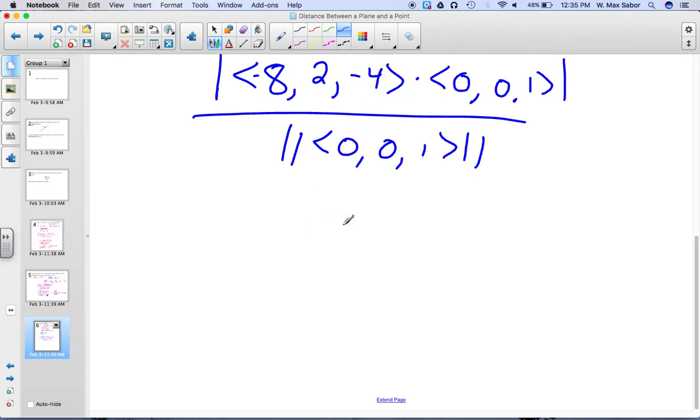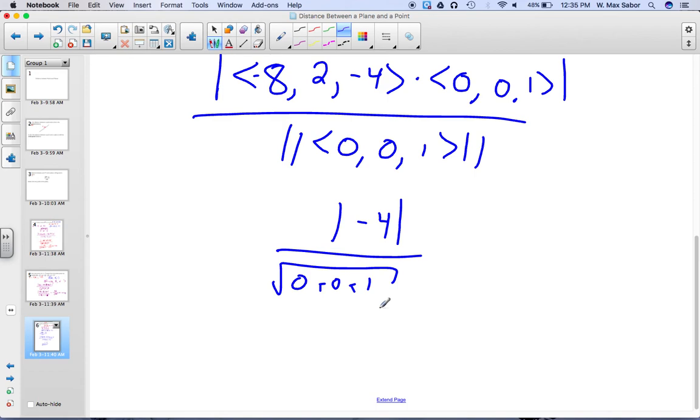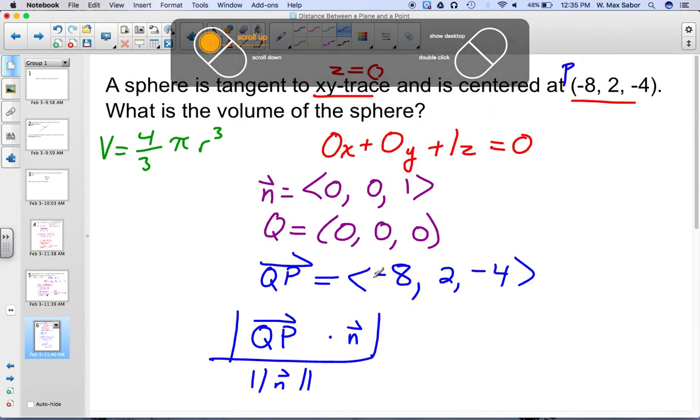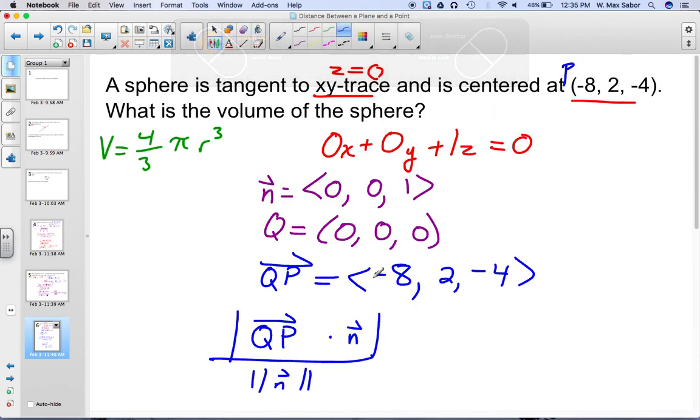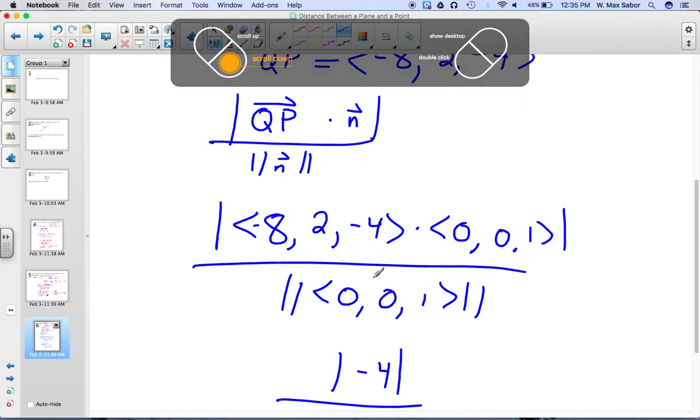The numerator becomes just the absolute value of negative 4. The denominator is the square root of 0 plus 0 plus 1. So this is 4 over the square root of 1, which is 4. It's a coincidence that all of these are about 4 away, but that is the radius of the sphere.